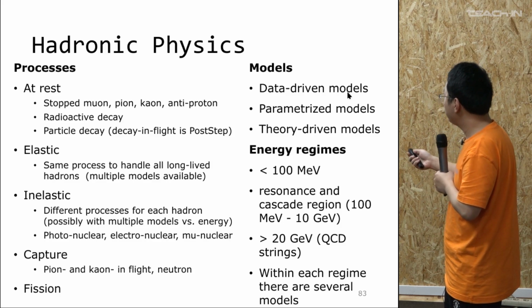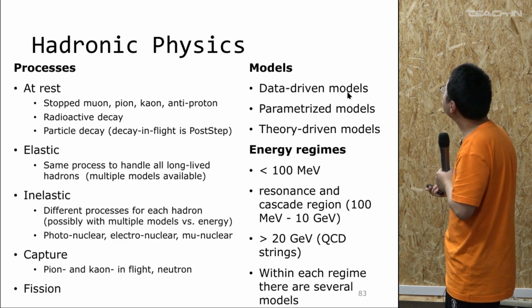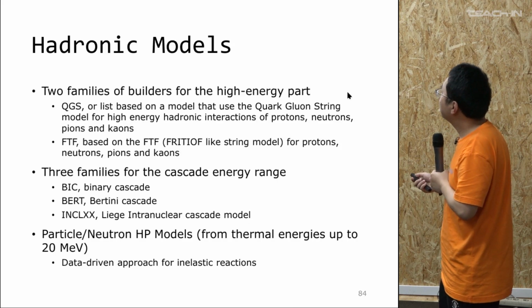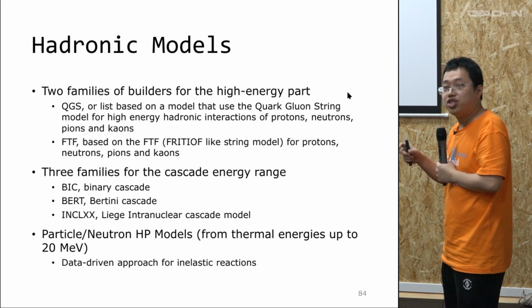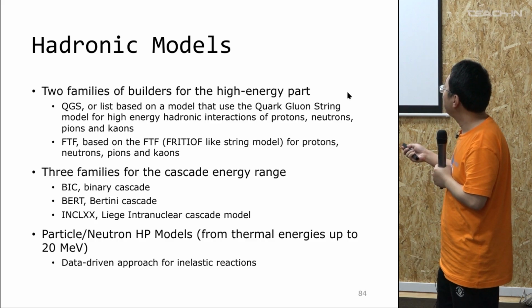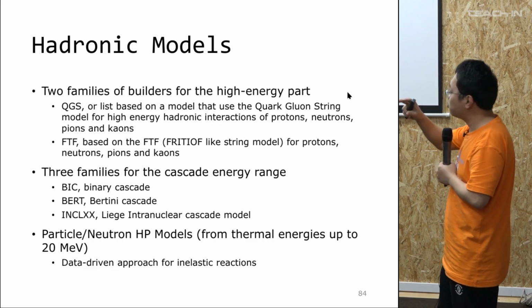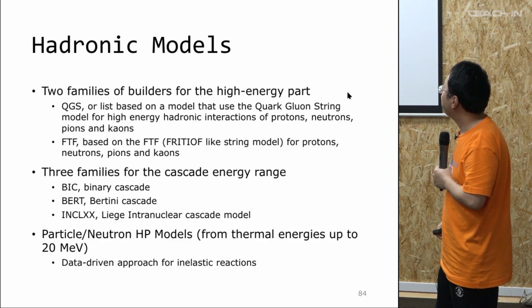So for each region, they can have different models. And because the energy region is different, Geant4 uses different families of models to describe the low region and the high region.